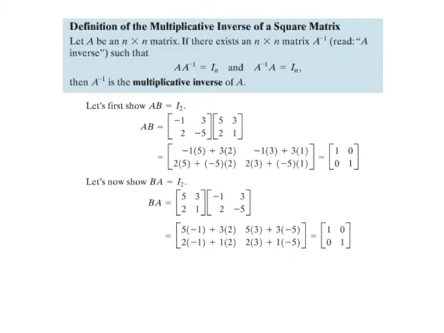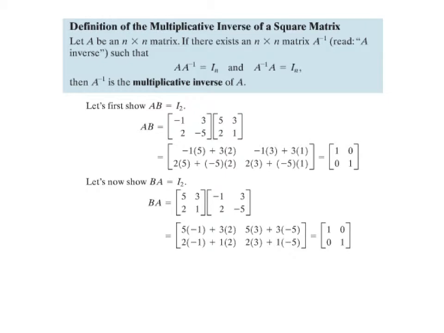Sometimes it doesn't work out that both sides give us In. If only one side gives us In, then that matrix would not be a full inverse. If it's only a one-sided inverse, we would call it a right inverse or a left inverse. That does sometimes happen. It is not common, but it does happen sometimes.